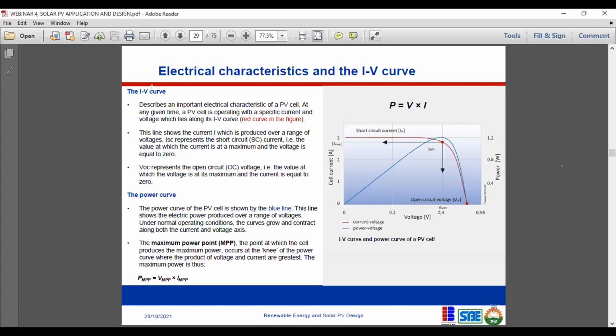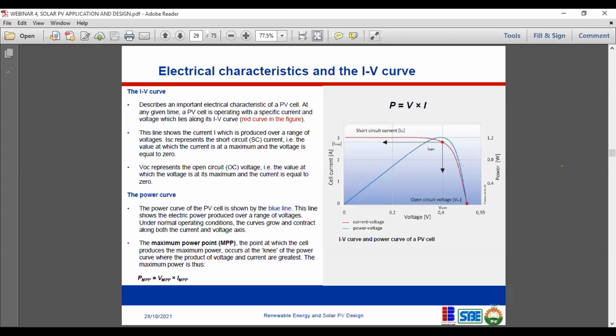So the IV curve, this IV means current voltage curve. The IV curve describes an important electrical characteristic of a PV cell. At any given time, a PV cell is operating with a specific current and voltage, which lies along the IV curve. So look at this red line here.